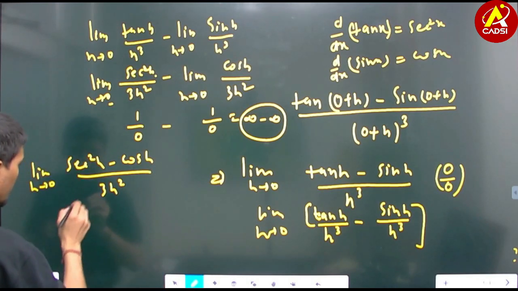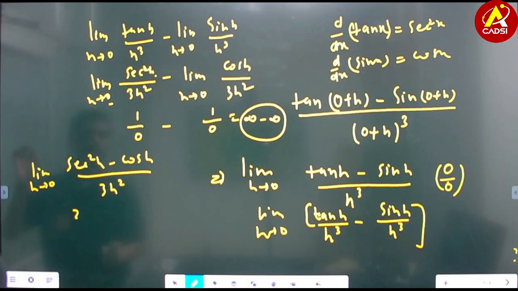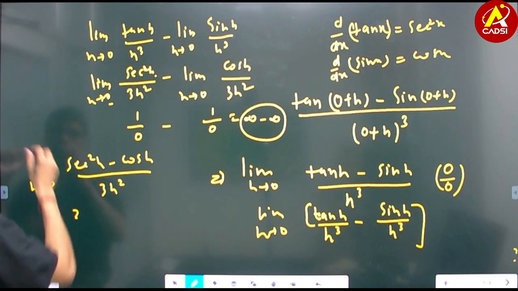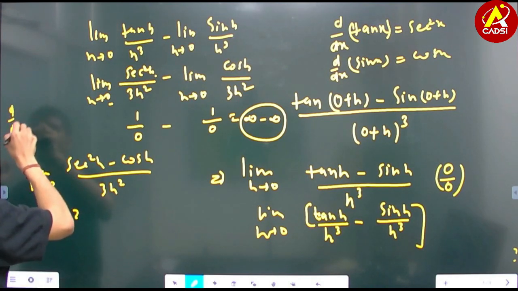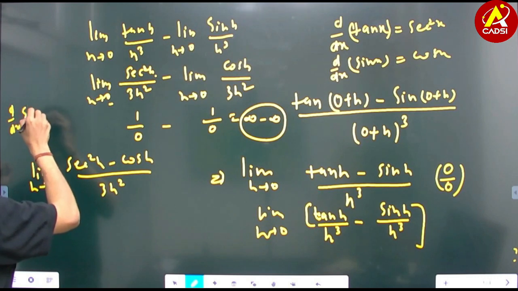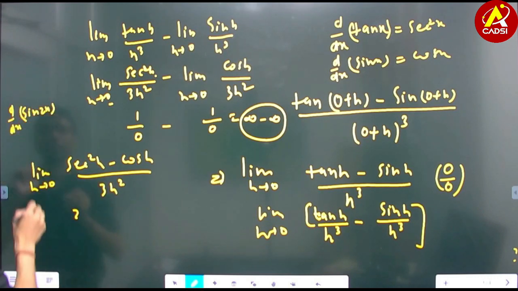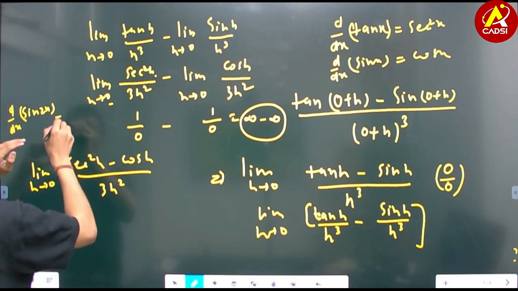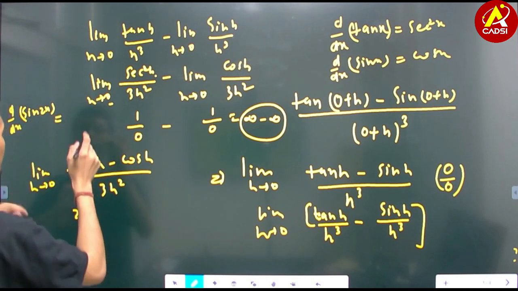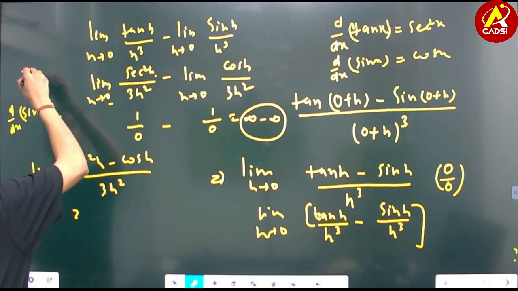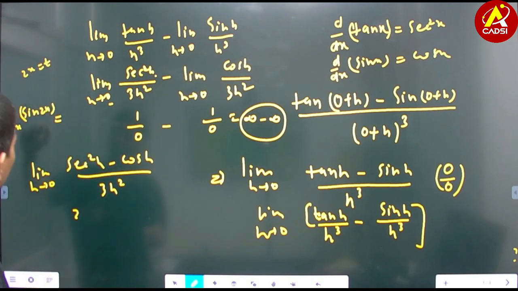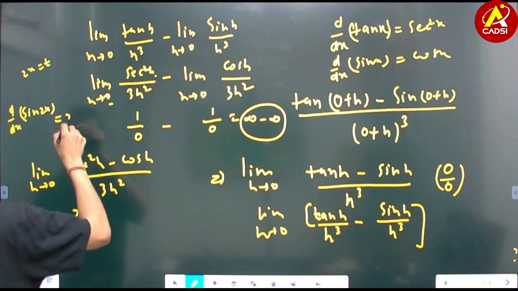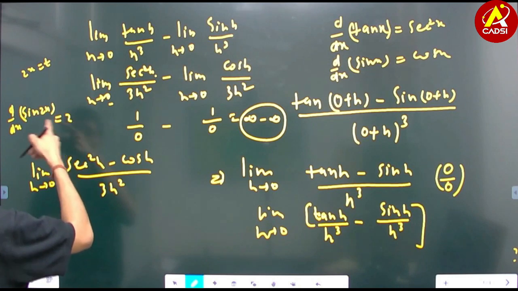Now listen, d upon dx of sine 2x. Firstly, suppose that 2x is equal to t, okay. So 2x equals t. This concept is also a derivative, so we can use the derivative of this function.